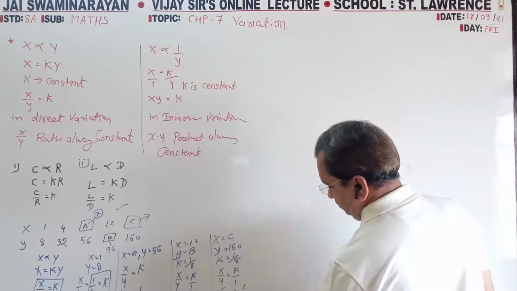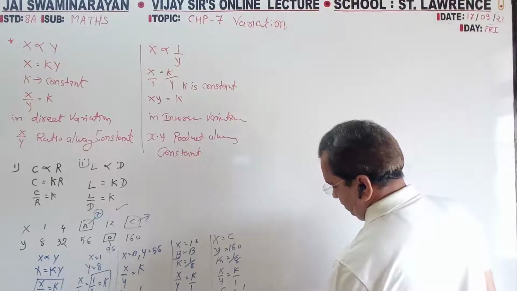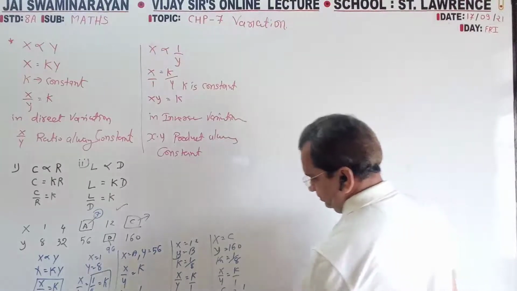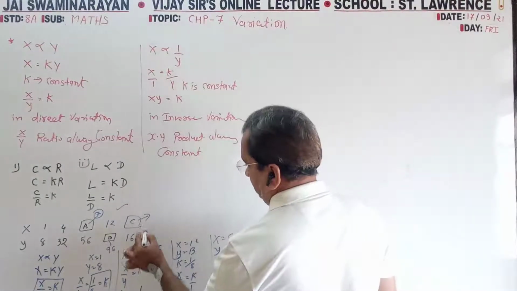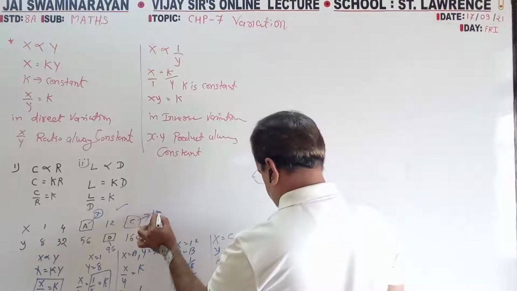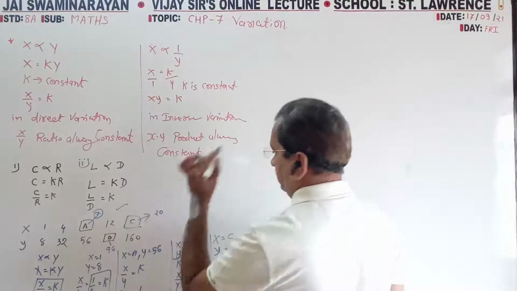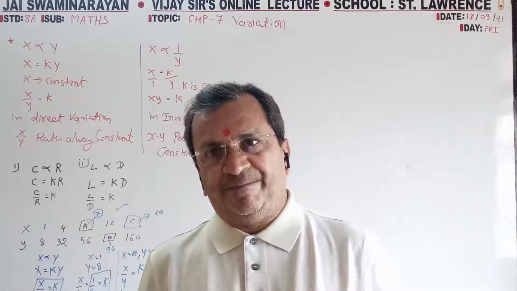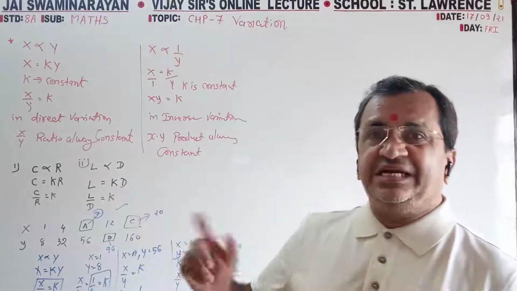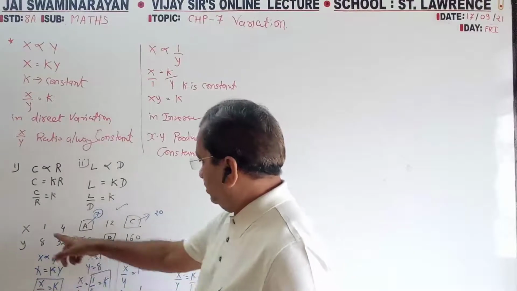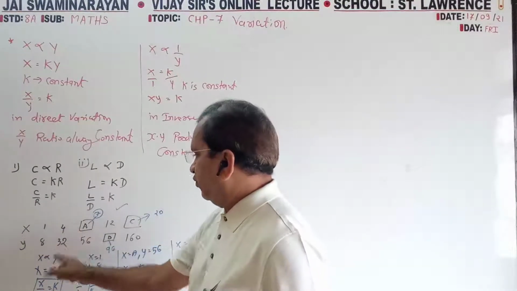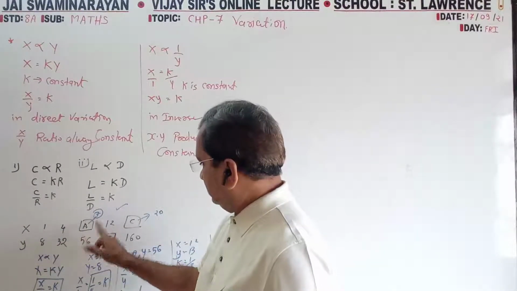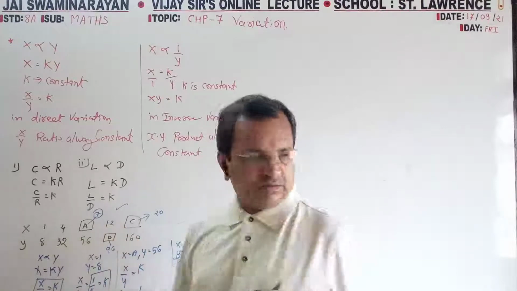C it is 160 by 8, 8 2s are, so it is 20. Like this you have to complete the table. See, division 1 by 8, 4 8s are, 7 8s are, 12.